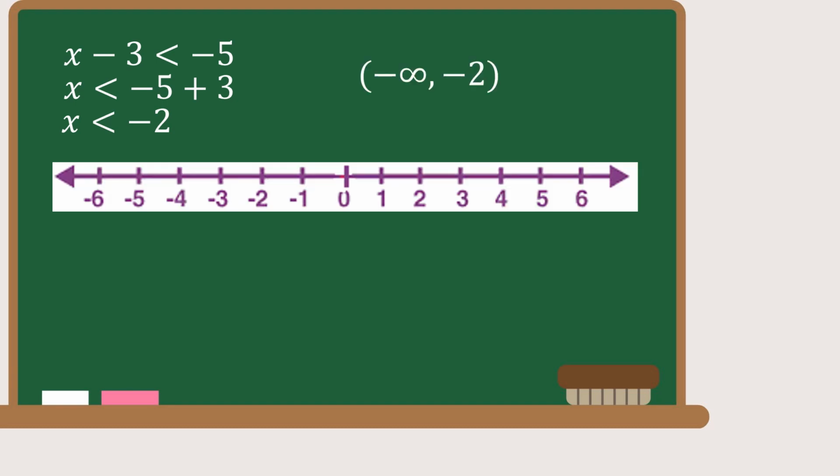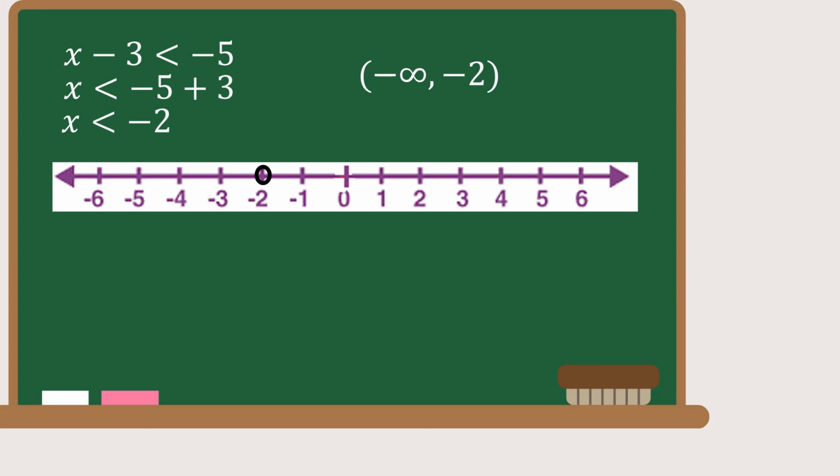Again, we need to first locate on the number line where negative 2 is. Since the symbol used is less than, negative 2 is excluded from our solution. Next, we will decide if we will go to the left or to the right of the number line. Since the symbol used is less than, we will go to the left.